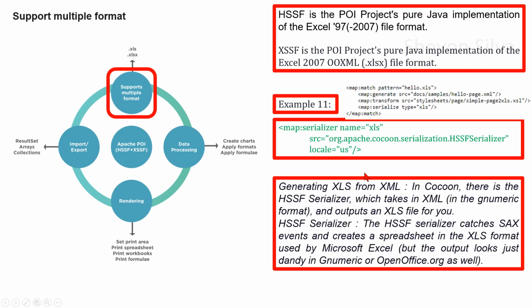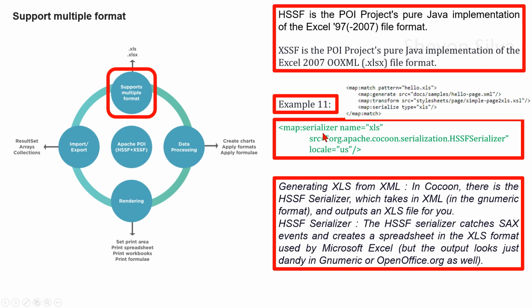Now we are considering generating XLS from XML. In Cocoon, there is a HSSF serializer which takes XML in generic table format and outputs an XLS file for you.